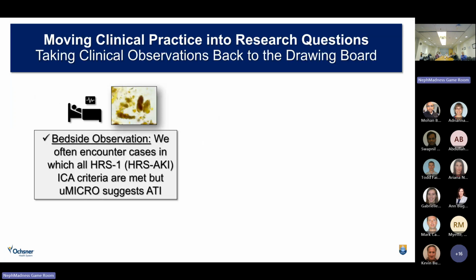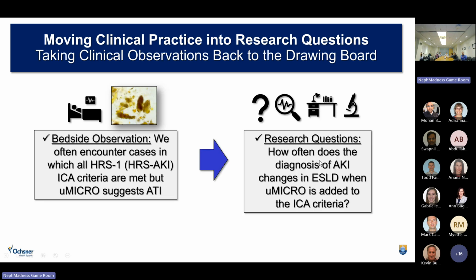All right, next observation. I presented a little bit of this yesterday when I talked about hepatorenal syndrome. The question was that the International Club of Ascites criteria do not include microscopy to distinguish ATN from HRS, and we wanted to see how often the sediment may change the diagnosis despite all the criteria being consistent with HRS.